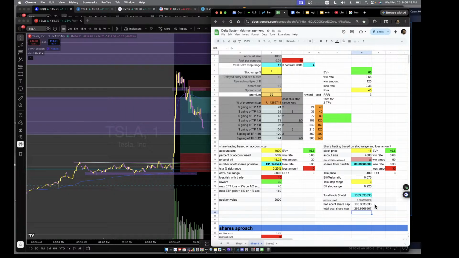But yeah, when I go over, stop range is $1. It wants me to use 266, and that's the whole account, but I can only use a max of 133, so I'll use 133 instead of 266.